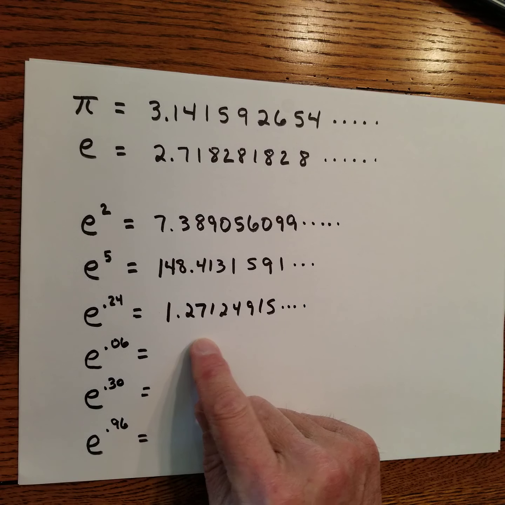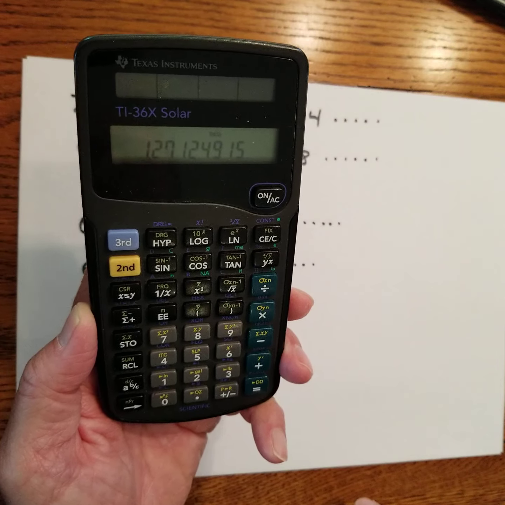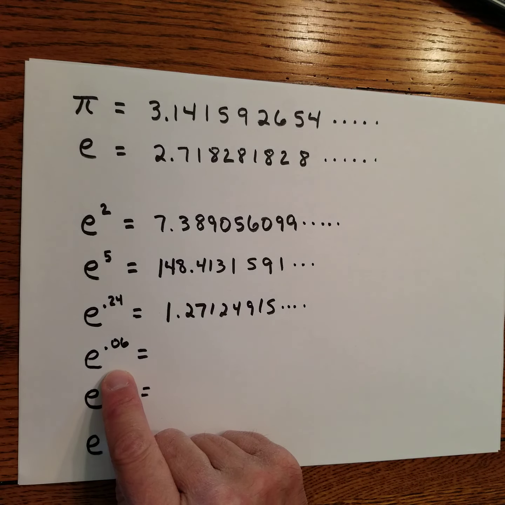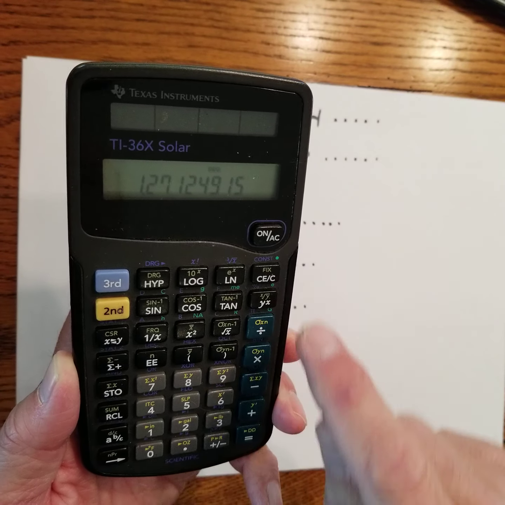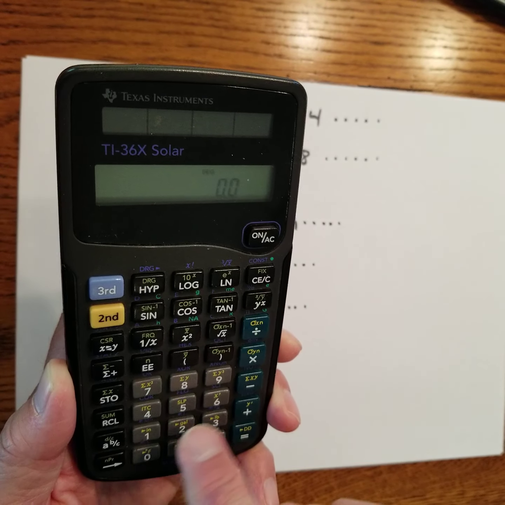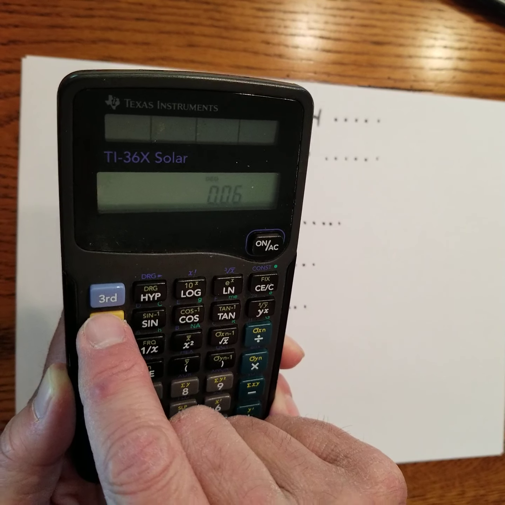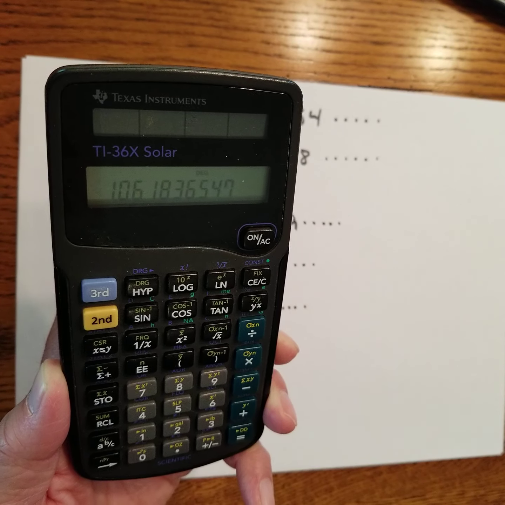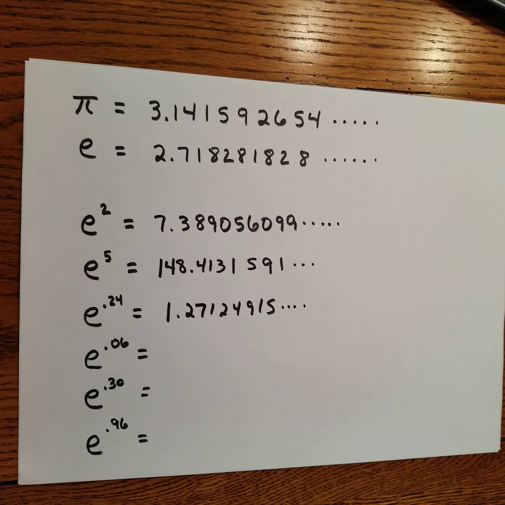Let's try e to the 0.06 on this calculator. E to the 0.06, I'll type in the 0.06 first. Here's 0.06, and then e to the x is second e to the x, 1.0618.